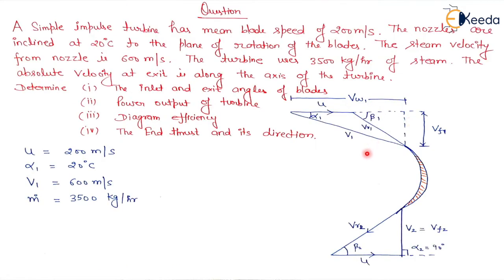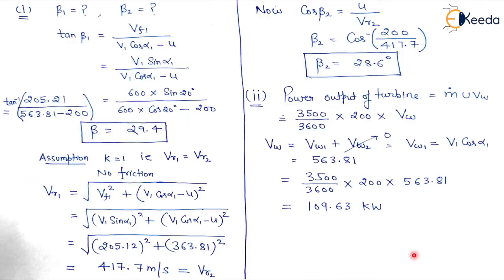You see in this diagram what is VW? VW is equal to VW1 plus VW2. In this case, what is the value of VW2? VW2 in this case is 0 because the horizontal component of V2 is 0, because V2 is vertical to the U. So in this case, VW2 is 0.